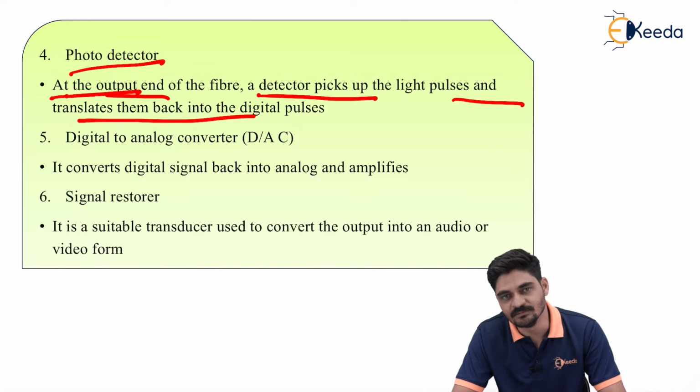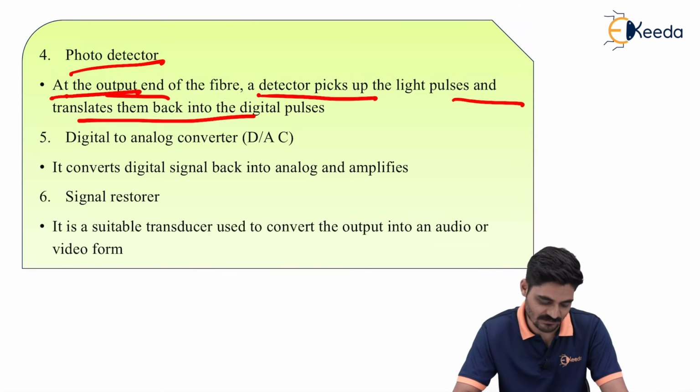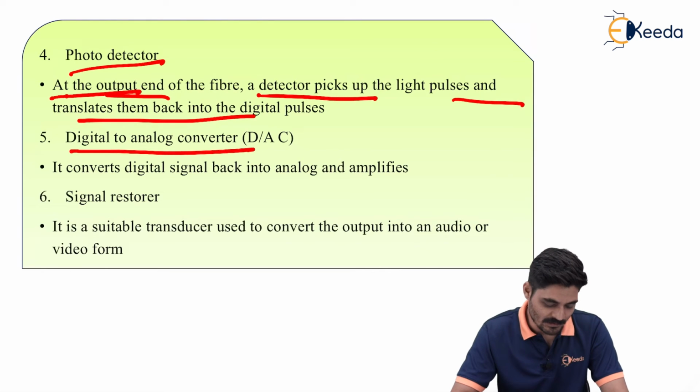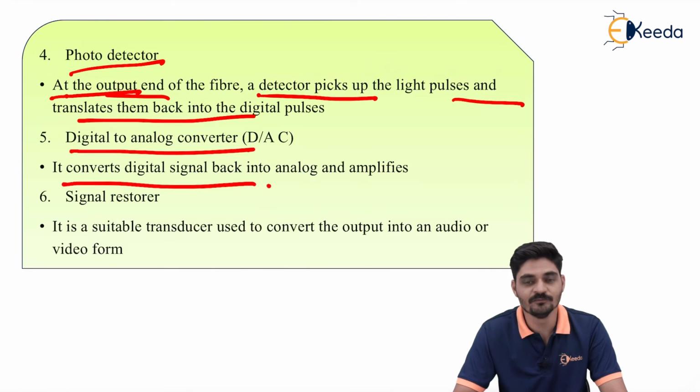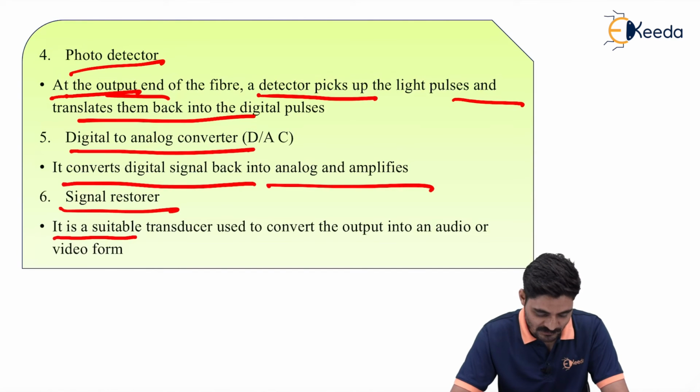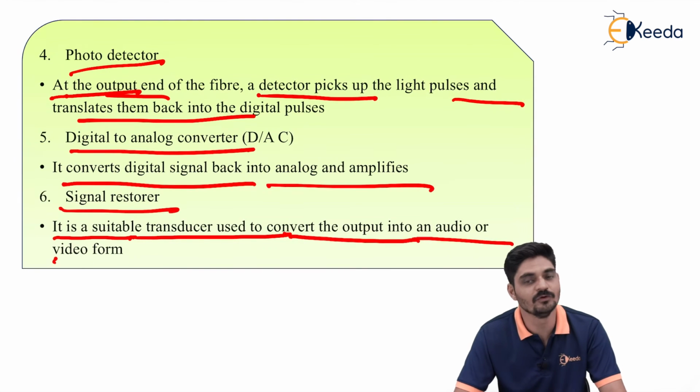Now the light pulses should be converted into a digital signal, and then the digital to analog converter is used. It converts the digital signal back to analog and amplifies it so that the signal restorer can restore it, using a suitable transducer to convert the output into an audio or video form, or whatever the input format was.